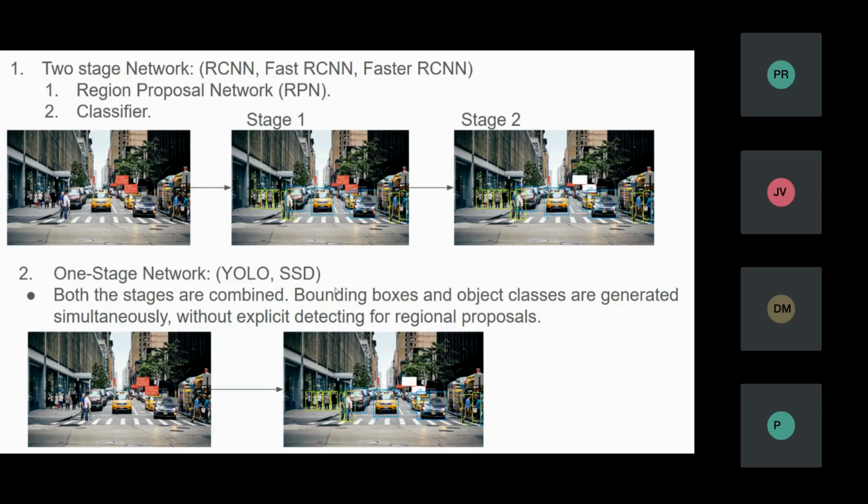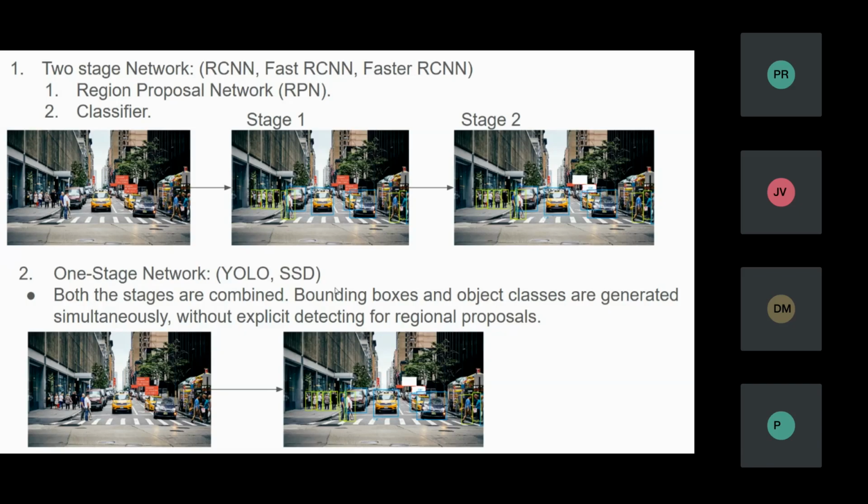Moving further, we have the one-stage network. In a one-stage network, both the stages are combined. Bounding boxes and object classes are generated simultaneously without explicitly detecting region proposals.